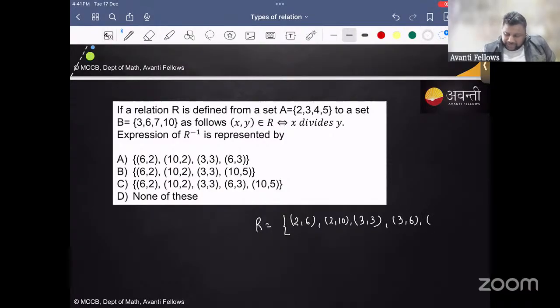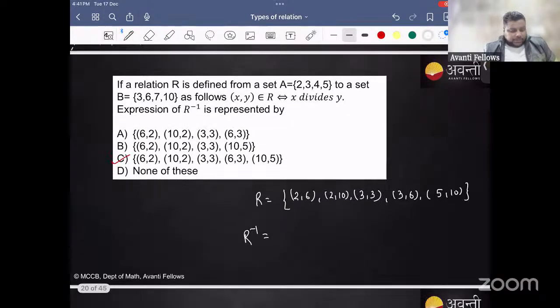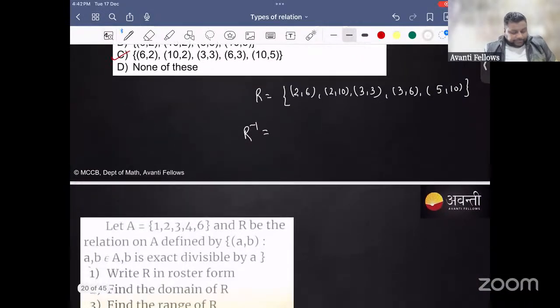Then 4 divides none of them, 5 divides only 10, so (5, 10). Now their inverse will be the reverse of this. So it is (6, 2), (10, 2), (3, 3), (6, 3) and (10, 5). So this is your answer. Got it? Simple question it is.